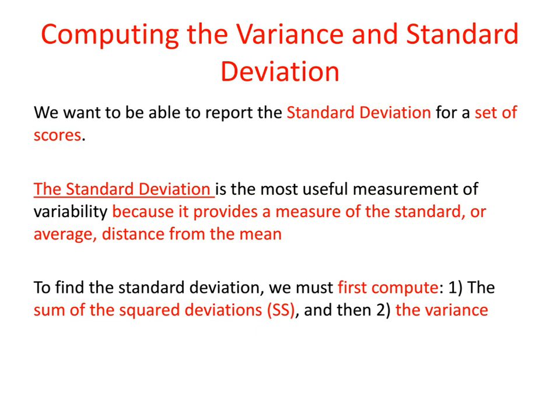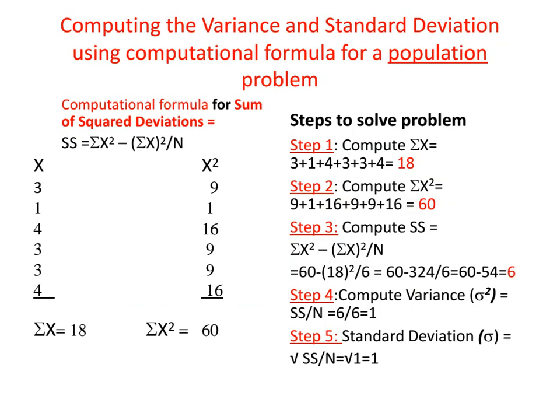The reason we're so interested in the standard deviation is because it is the most useful measurement of variability, because it provides a measure of the standard or average distance from the mean. To find it, we must first compute the sum of the square deviations, then the variance, and finally the standard deviation.